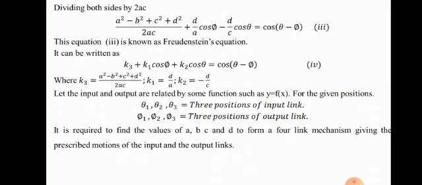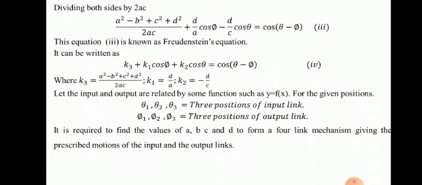Dividing both sides by 2AC, then D by A cos phi minus D by C cos theta is equal to cos theta minus phi. This is the third equation, known as the Freudenstein equation.